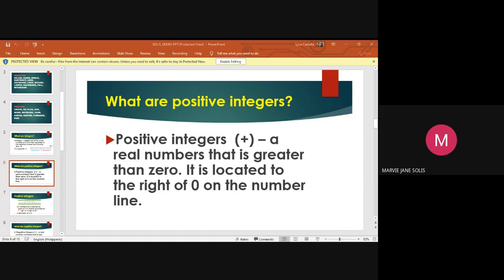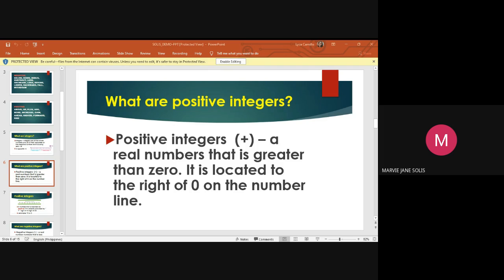So in integers, there are positive and negative integers. A positive integer is a real number that is greater than 0. It is located to the right of 0 on the number line. A number is positive if it is directly provided with the plus sign.